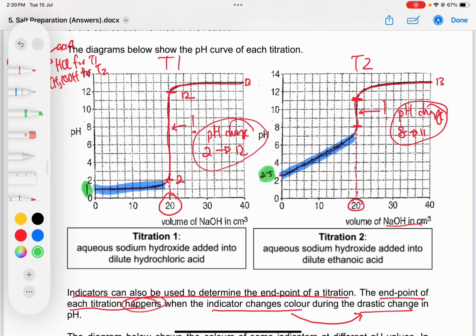Next thing you can observe is that the endpoint pH range is very big for titration 1, whereas the pH change at the endpoint for titration 2 is relatively small. So these are some of the things you can roughly get ready just by looking at the graph.